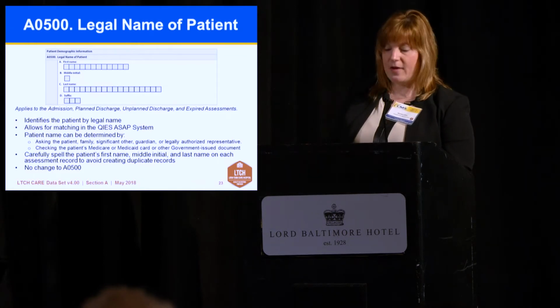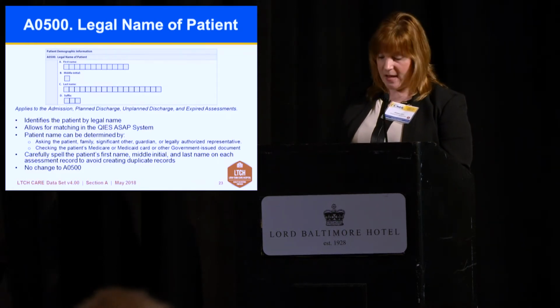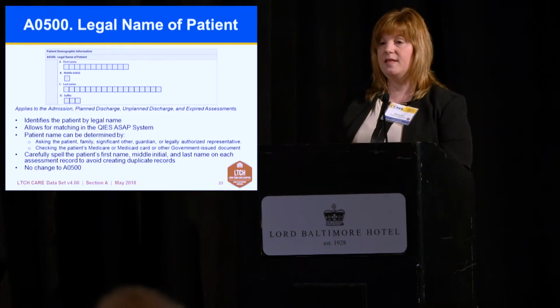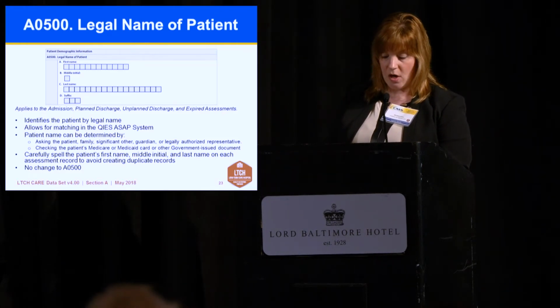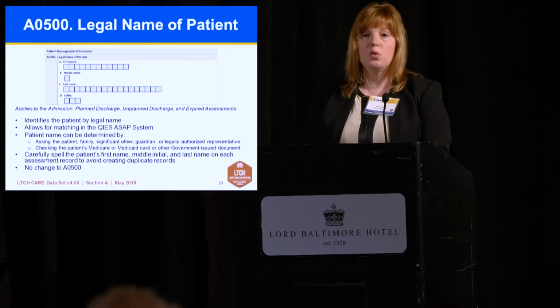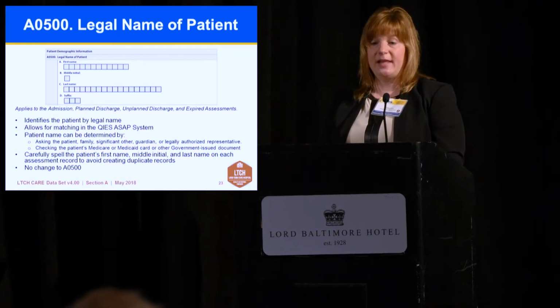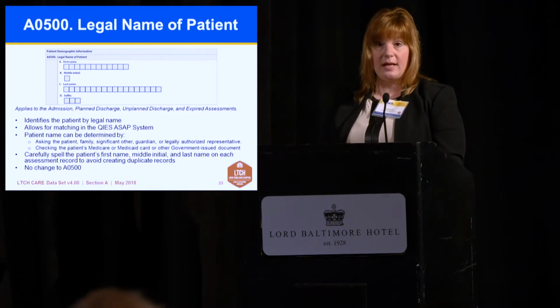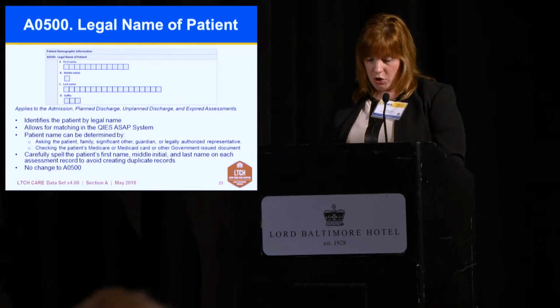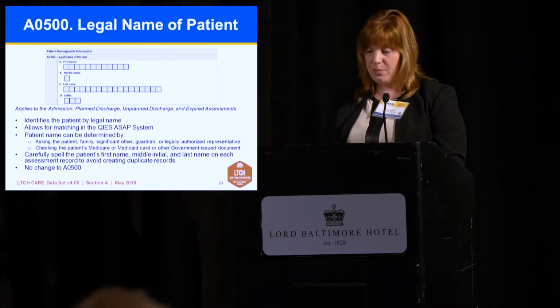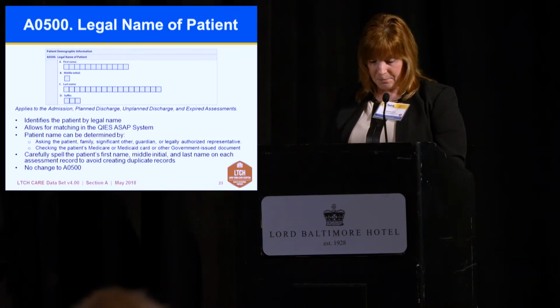Section A0500, legal name of the patient, is another section used for matching data in the KEYS ASAP and is also unchanged. A few important tips for this section. You must use the patient's legal name, no nicknames or shortened names. You can leave A0500B blank if the patient has no middle name.